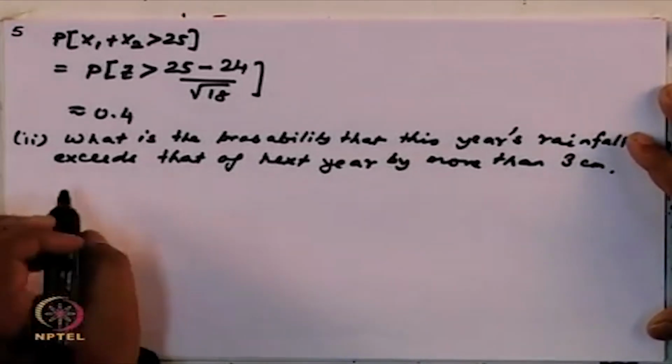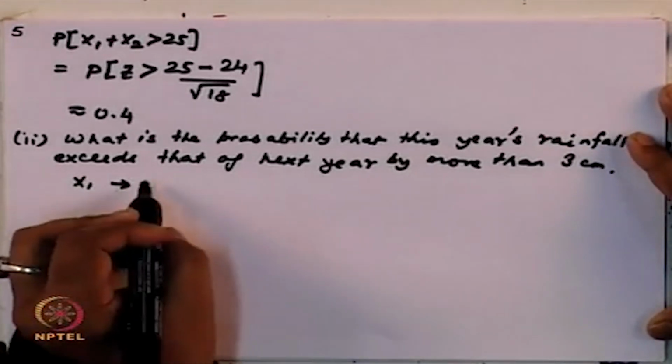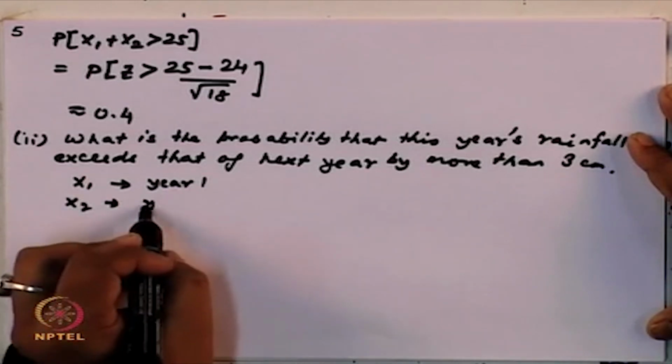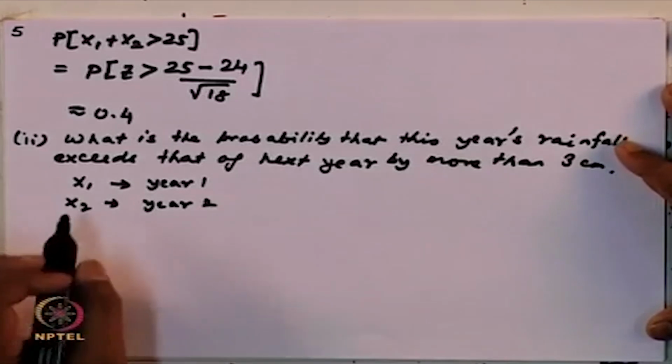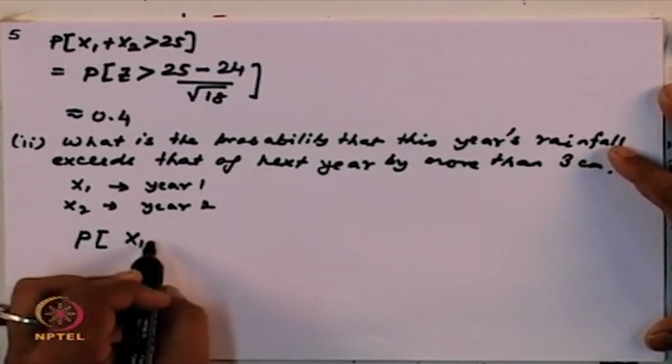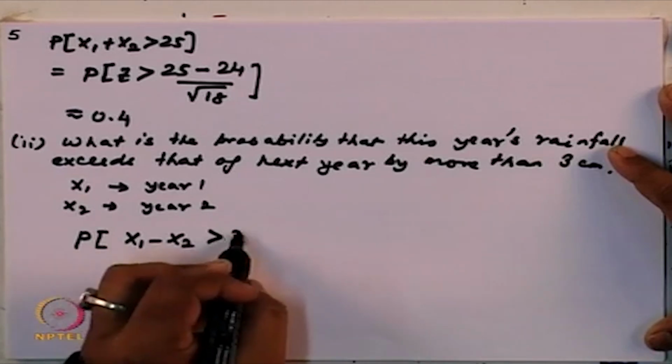Again, if x1 is the normal random variable for year 1 and x2 is for year 2, then what we have been asked to determine is the probability of x1 minus x2 greater than 3.